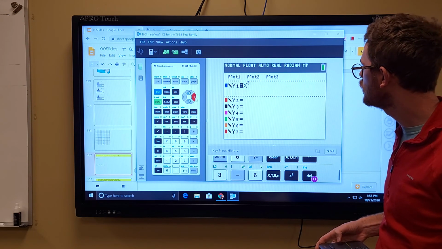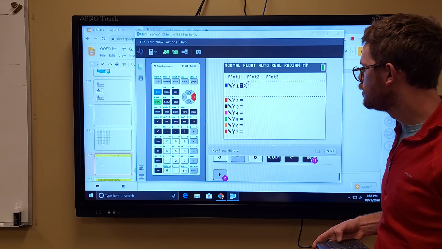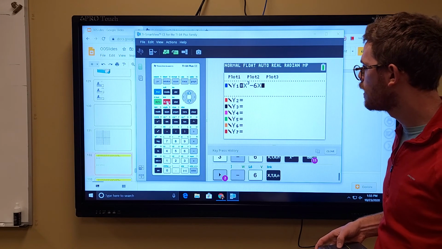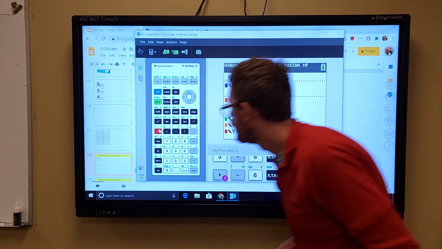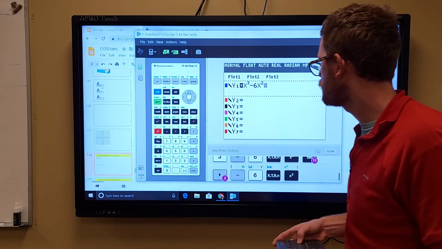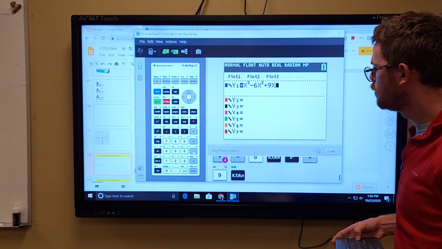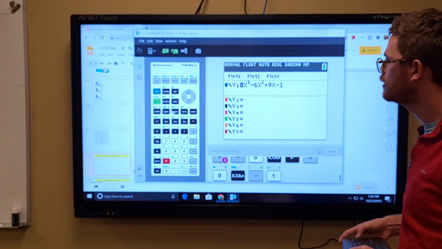Okay, all right. x cubed minus 6x squared plus 9x minus 1. What do we got?